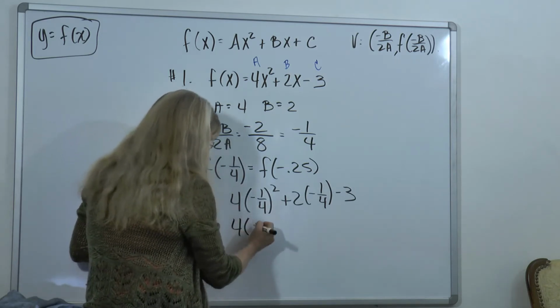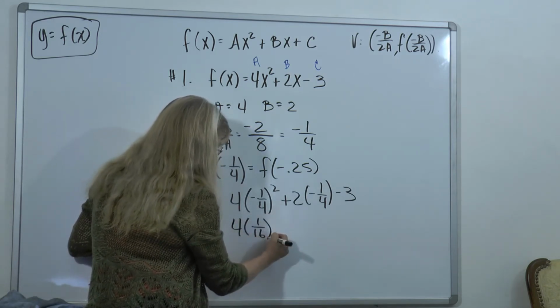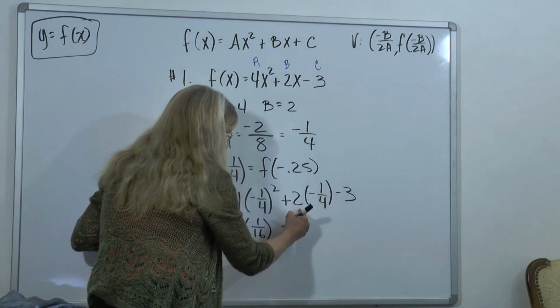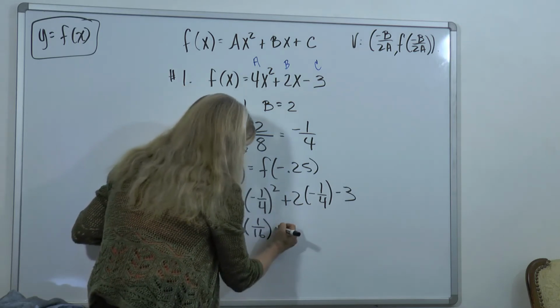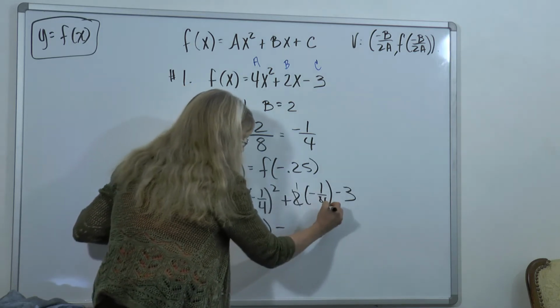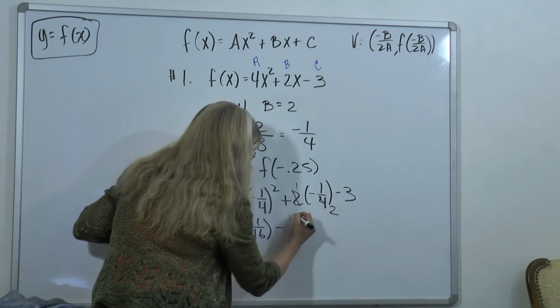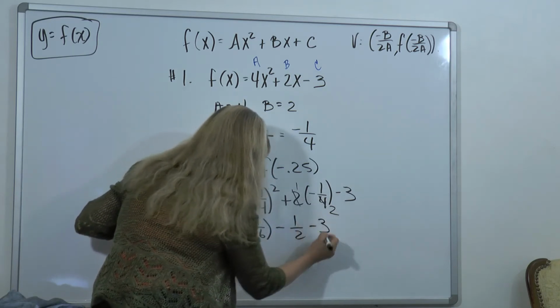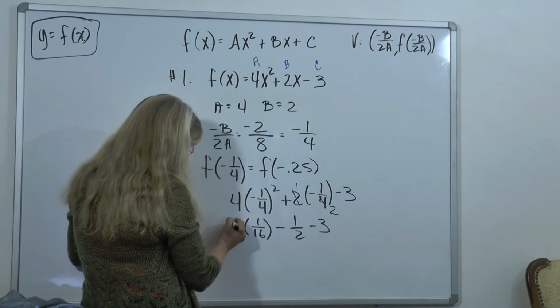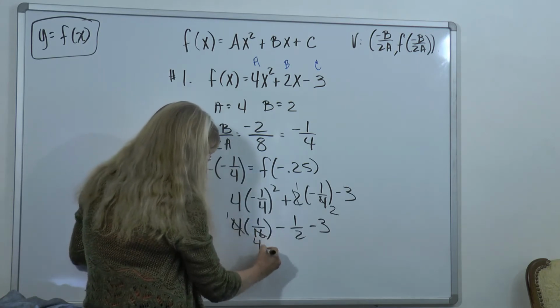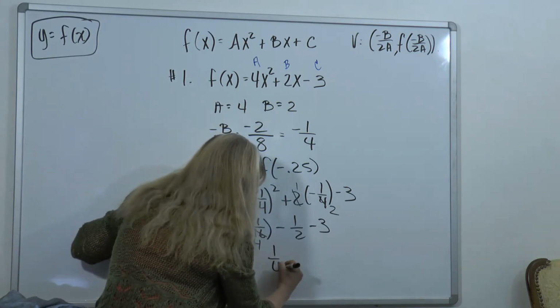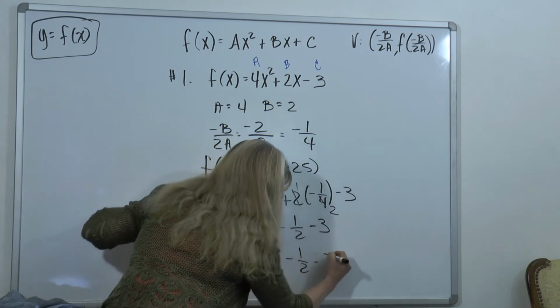Negative times a negative is positive, so that's 1/16. Then negative times a positive is going to be negative, and I can reduce this. So that's just going to be negative 1/2, and then minus 3. Now I can reduce this. 4 goes in there, 1 goes into here, 4. So I have 1/4 minus 1/2 minus 3.